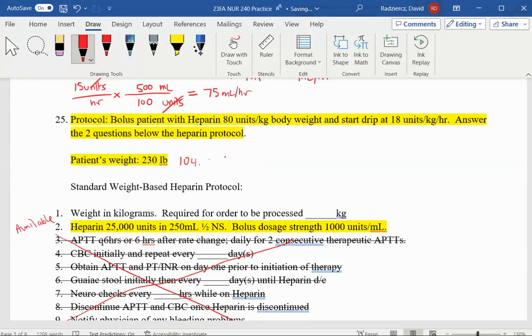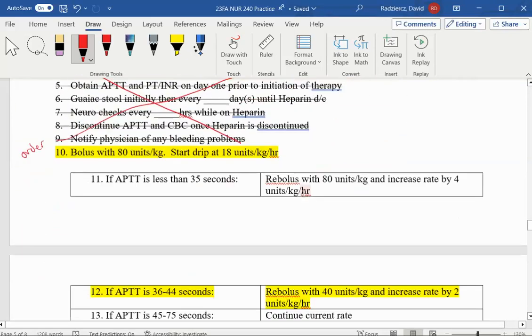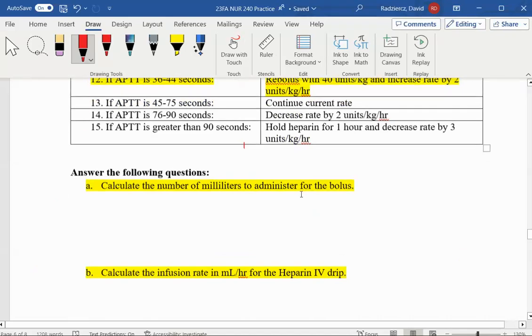So I'm just going to say 104.5 kilograms. The first question says, what's my bolus in milliliters? So I have my patient that weighs 104.5.